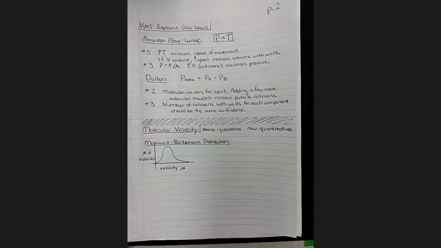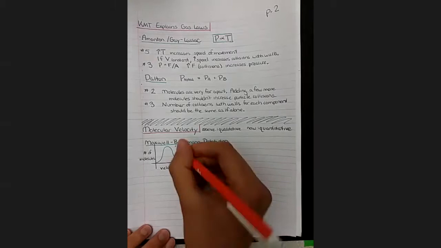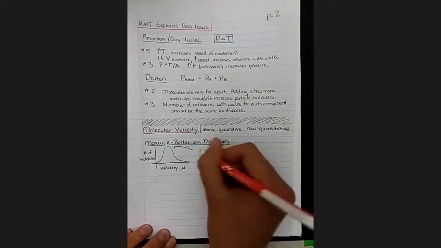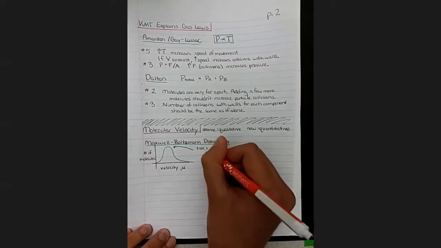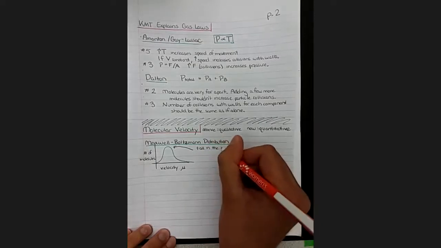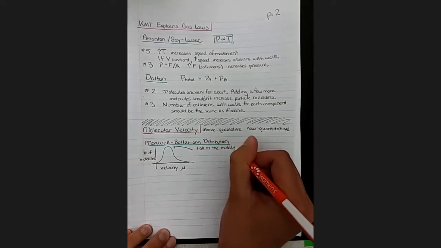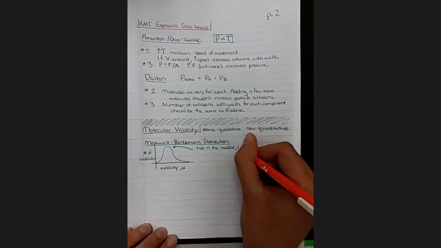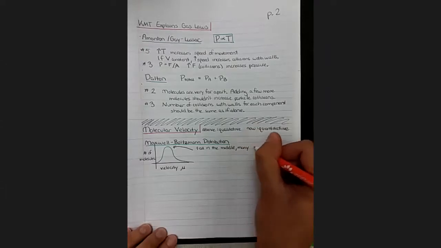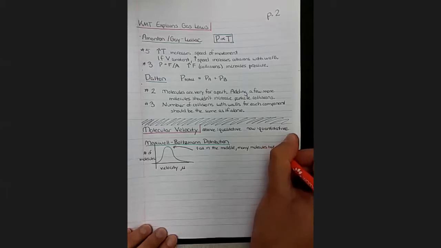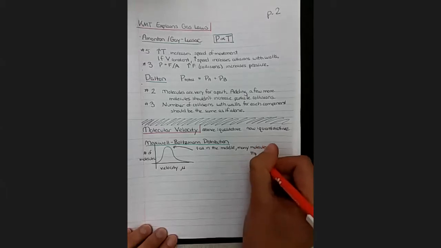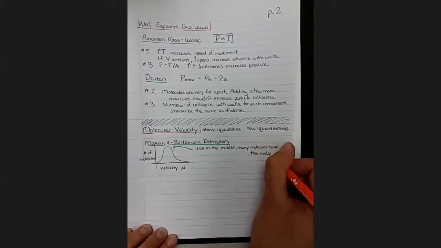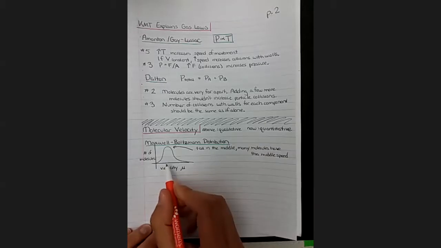So it looks roughly like a bell curve, but it has a few differences. Here, this curve is tallest in the middle. And in this case, being tall means the Y value, which is the number of molecules, is high. So there are many molecules with this speed in the middle. So lots of molecules with like an intermediate speed.